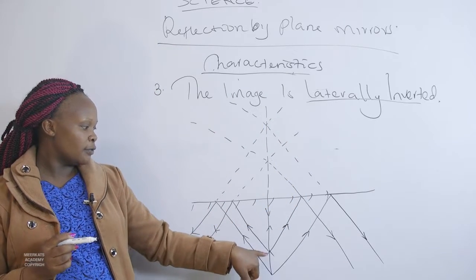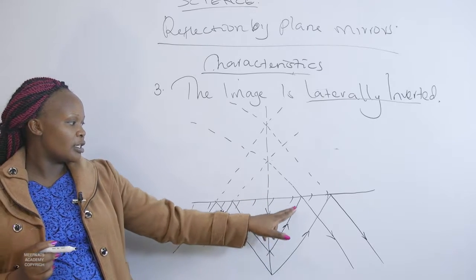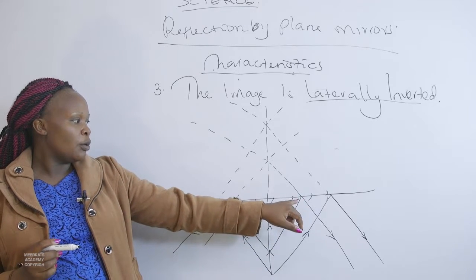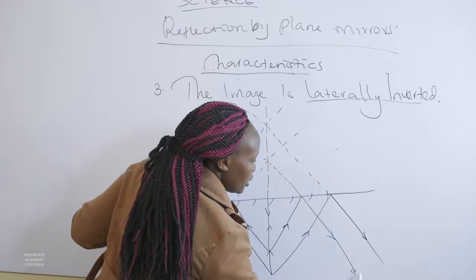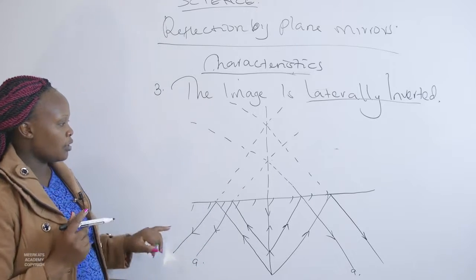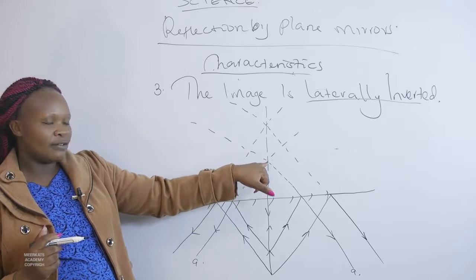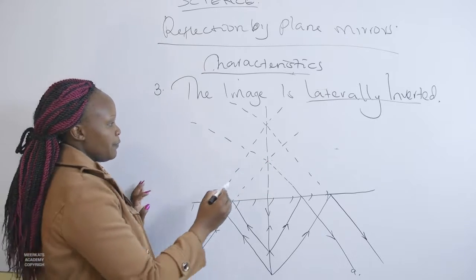Therefore, clearly, the rays that emanated from the top were reflected to follow these paths that we will call A and A here. Therefore, A gave us the arrowhead of the image here.